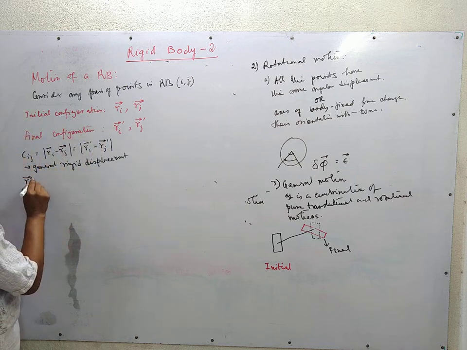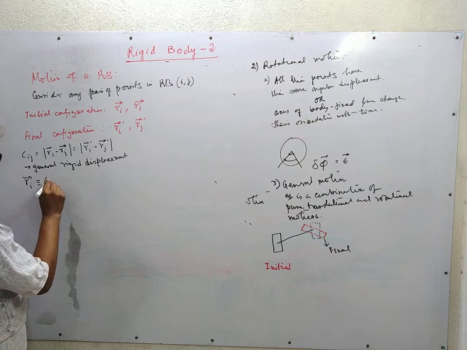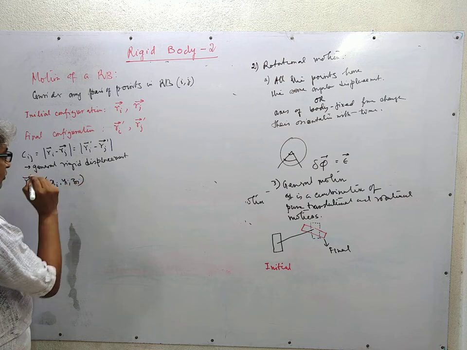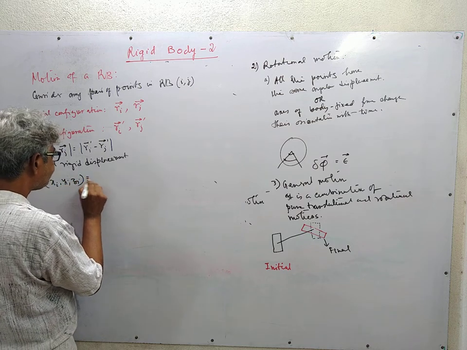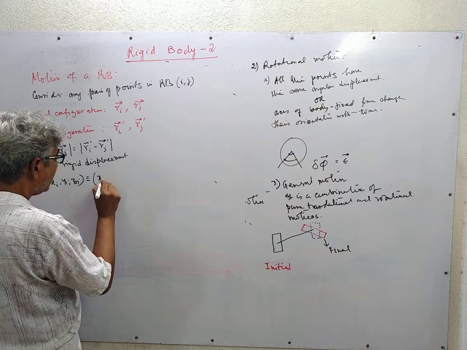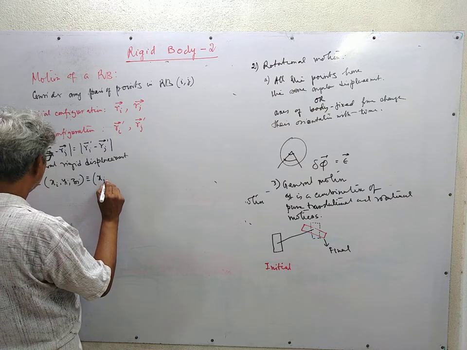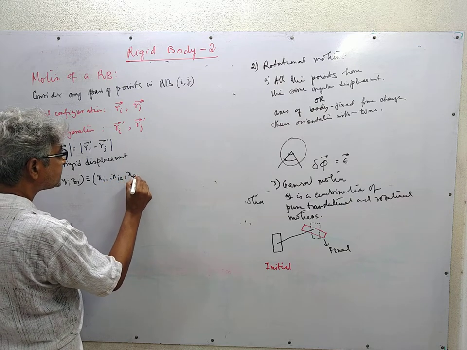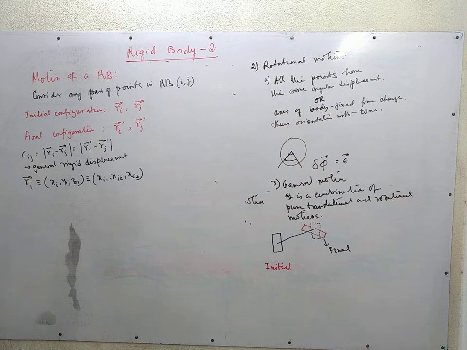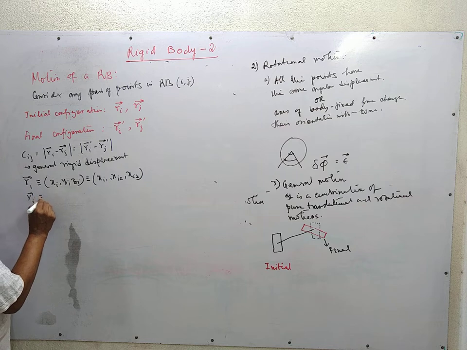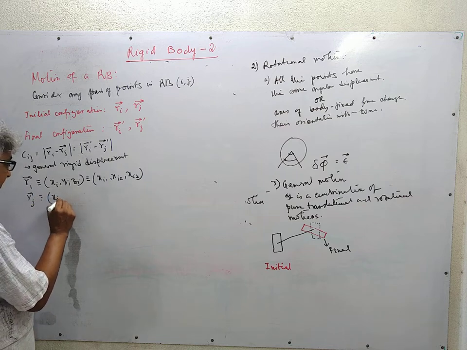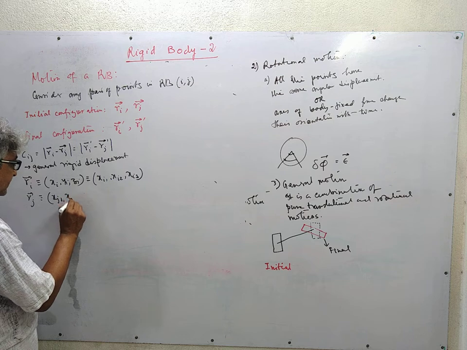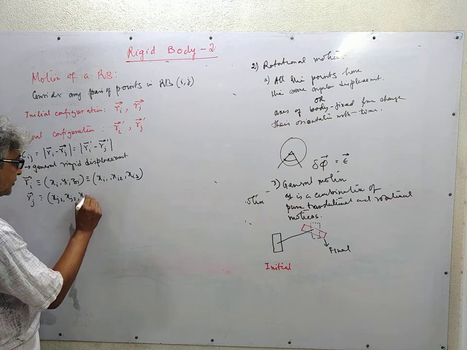Ri is a combination of xi, yi, zi, which is written as xi1, xi2, xi3. Similarly, the initial configuration of j is written as xj1, xj2, xj3.